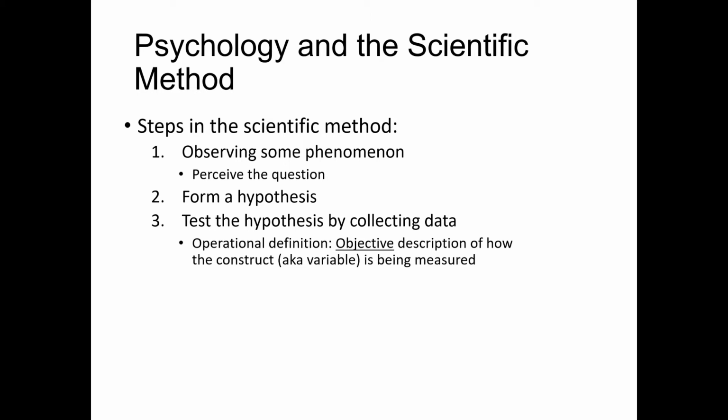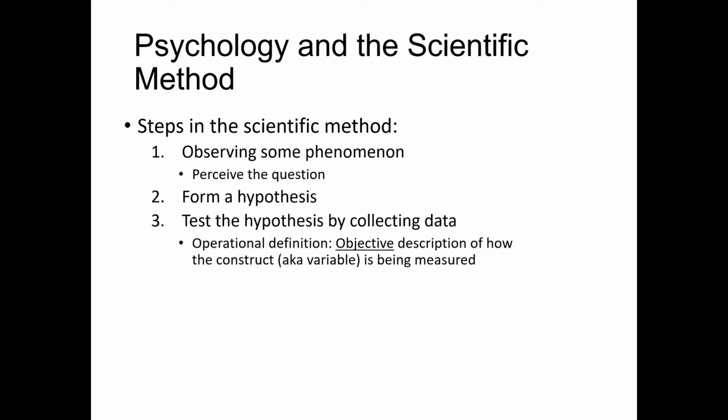And what do we do if an individual accidentally broke something? Do we count that as aggressive behavior? So there are many things we need to think about to be consistent and objective in how the construct, in this case aggressive behavior, is being measured or observed.